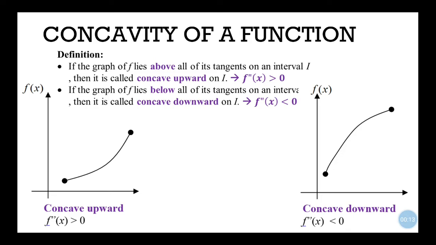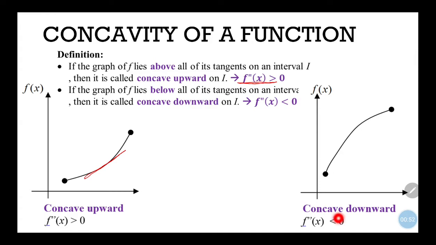So now we're going to learn about the concavity of a function. If the graph of f lies above all of its tangents, so the tangent should be like this, then it is called concave upward. Mathematically, you can determine whether the function is concave upward or concave downward by differentiating the function 2 times.